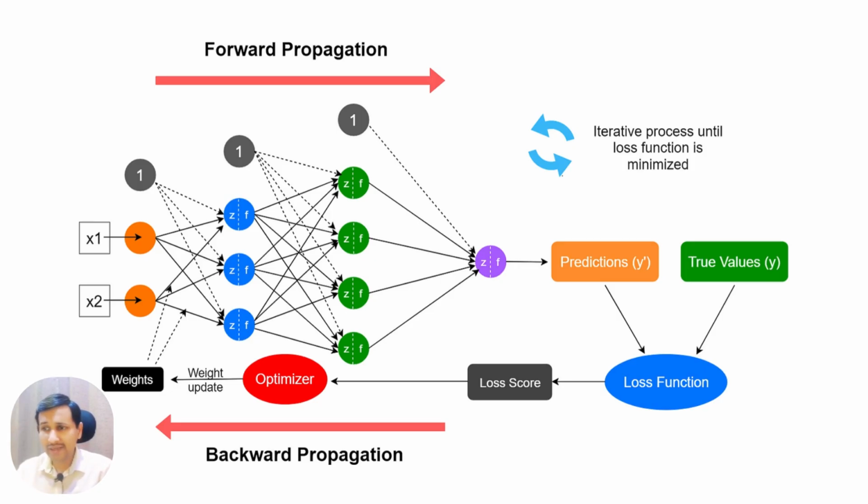We have multiple hidden layers here, and at the last we'll have the output. And we'll have an error function here, so that based on the prediction and true values, we have a loss function which will make sure we can optimize the values, and this process is called backward propagation. And there will be multiple iterations of this process so that we achieve the optimum solution and get the desired result.